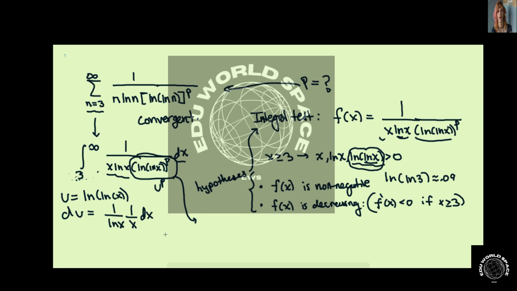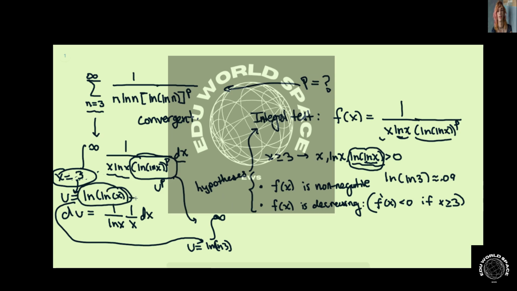Then after the u sub here, now we have, because right here that's an x value, but now we have to use the corresponding u value, and the way to do that is you take the x lower bound, plug it into the u sub, and then that new value becomes your new lower bound. And the same could be said for the upper bound infinity, because if you take the limit here as x goes to infinity, that also goes to infinity.